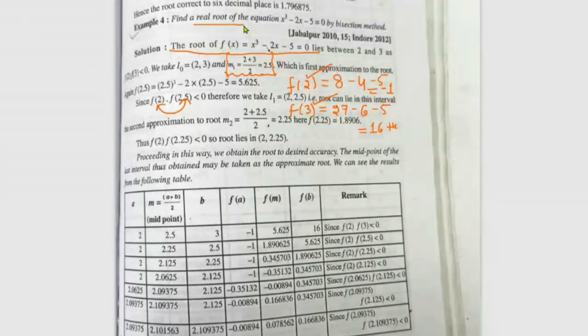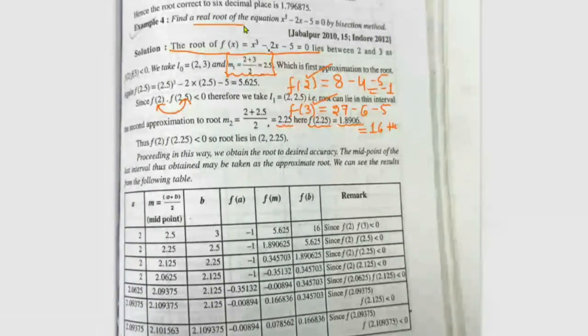So take the half value of it, using the bisection method, 2 plus 2.5 by 2, which is 2.25. Again finding the function value, it gives a positive value, but f of 2 was negative. So the root is lying between 2 and 2.25. Means you are going towards 2, because you want to find the real root which may be near either 2 or 3, but you are going near 2.